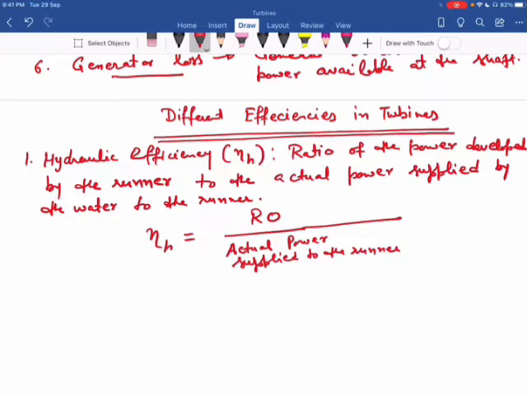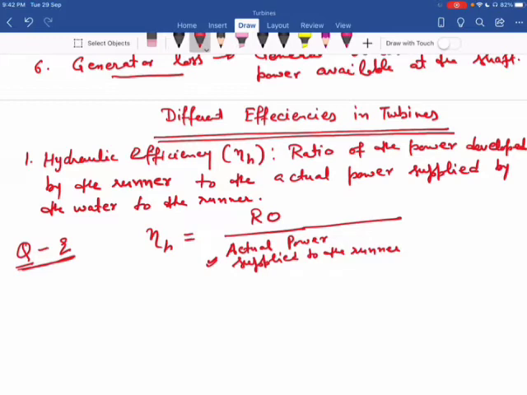Now, if you want to see what is the actual power supplied to the runner, we have say total Q. Now Q is the amount of discharge coming through the penstock. Say out of this Q, small q is the leakage loss, so Q minus q is the amount of water striking the runner.